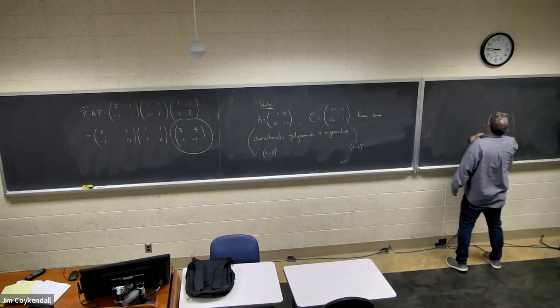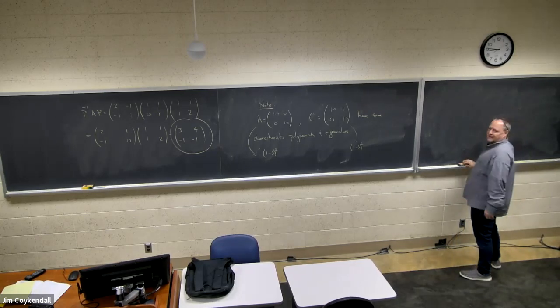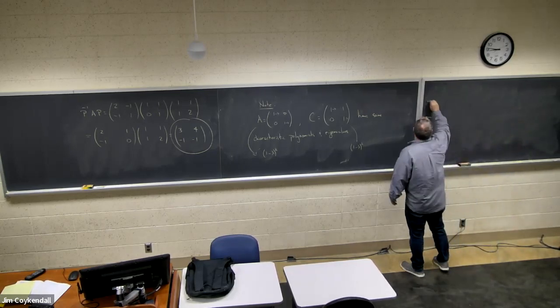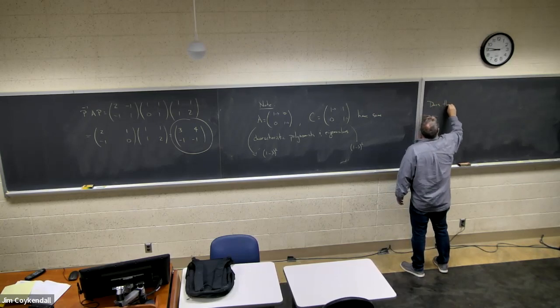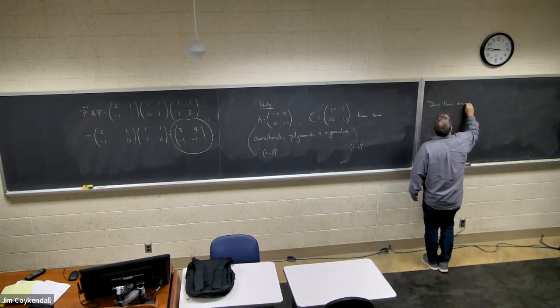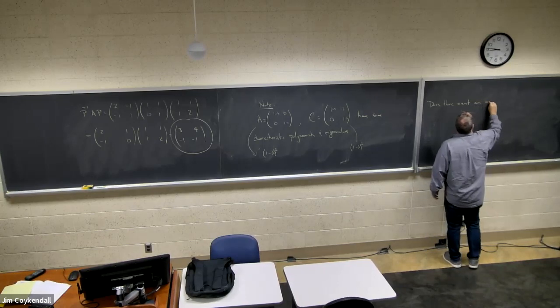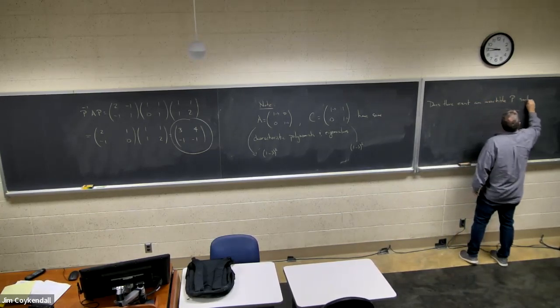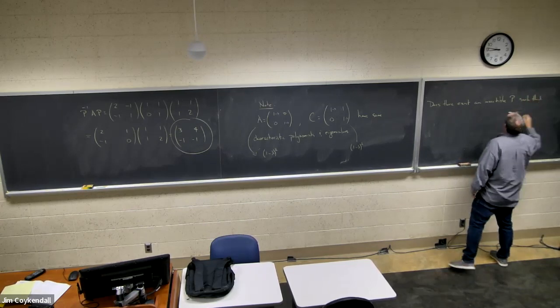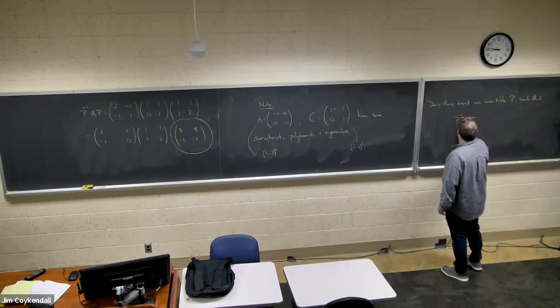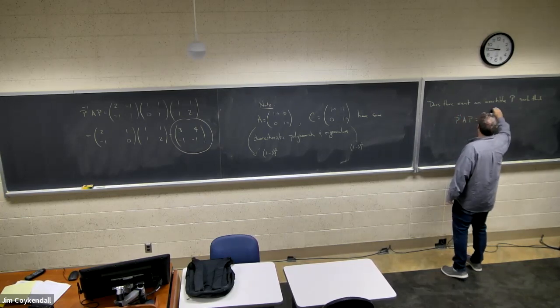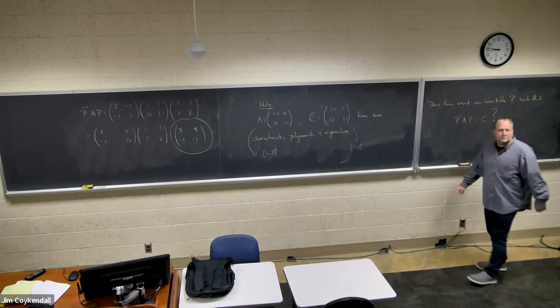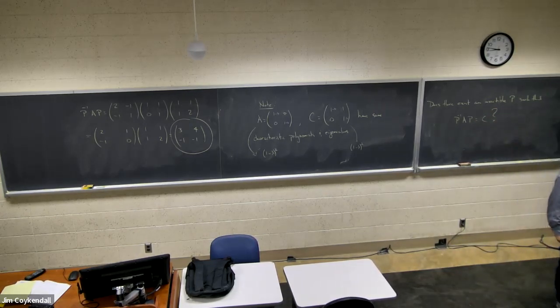Can somebody explain why they're not similar? Yes. Compose the matrix P such that P inverse times A times P equals C. No, there's not. How do you know?